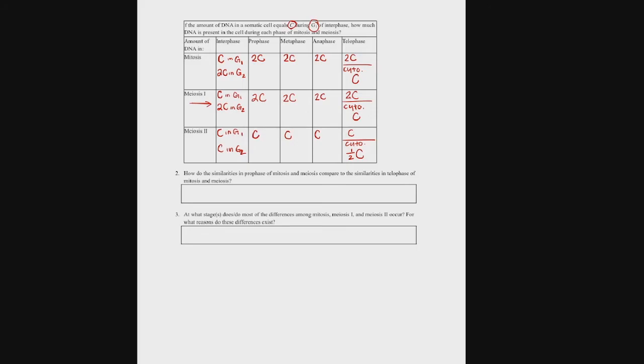So telophase can be thought of as the opposite of prophase. What's done in prophase, the undoing of the nuclear envelope, the condensing of the chromosomes, all of those things are redone in telophase. So telophase builds a nuclear envelope, it uncoils the chromosomes, all of that good stuff.